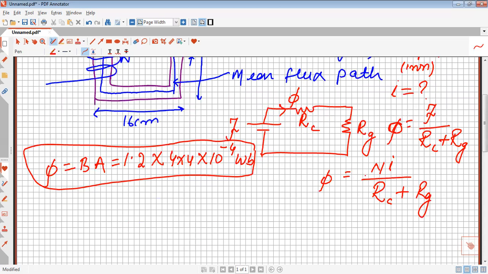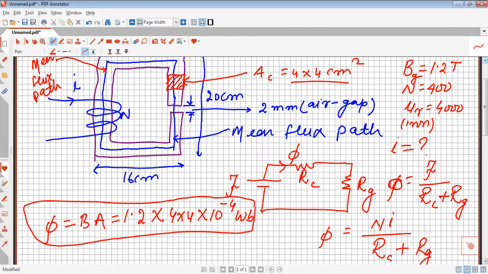Now everything is known except the current, which we have to calculate. The reluctance of the core and the reluctance of the air gap are needed. If we find these two values, we can easily calculate how much current is needed to get a magnetic flux density of 1.2 Tesla in this air gap.